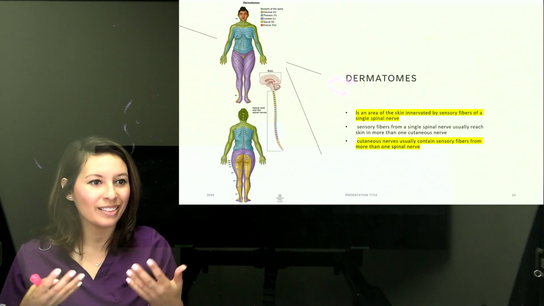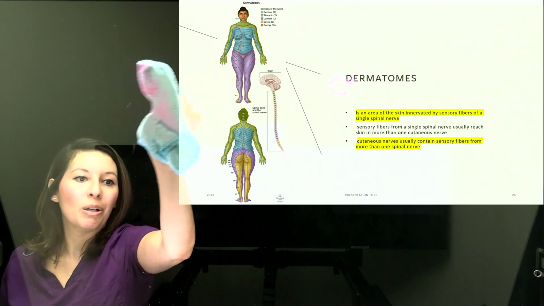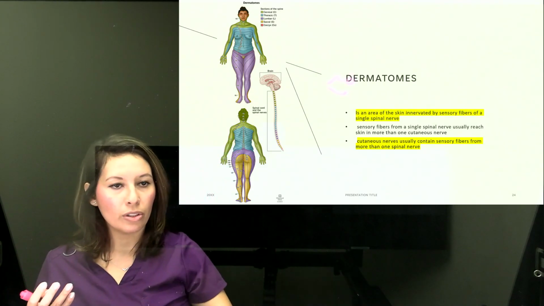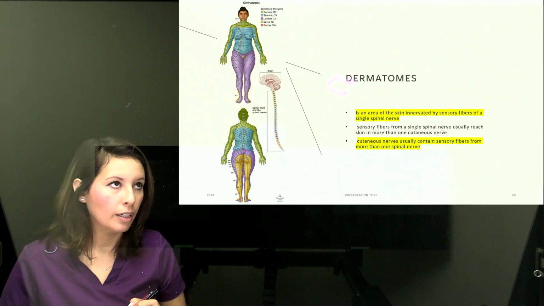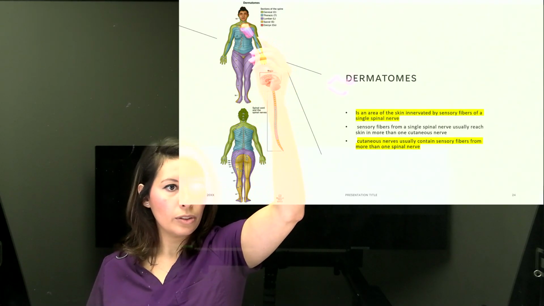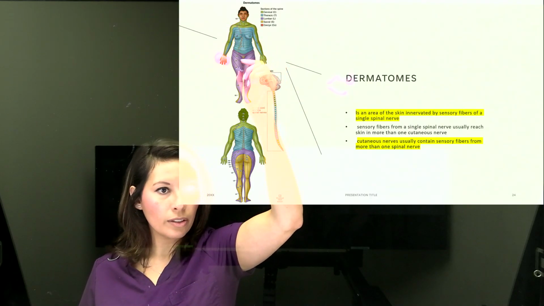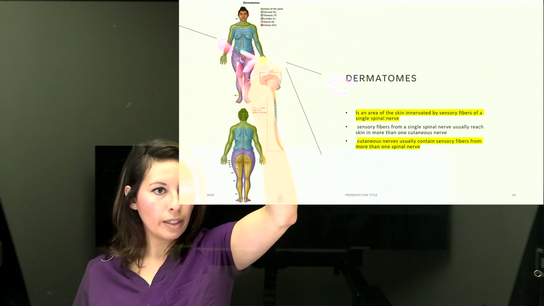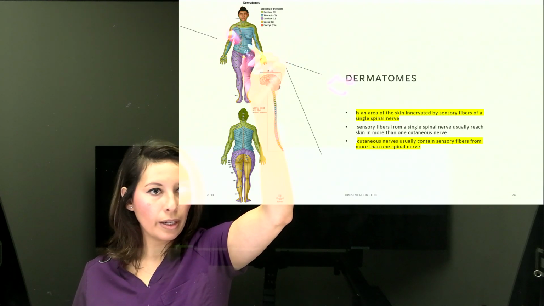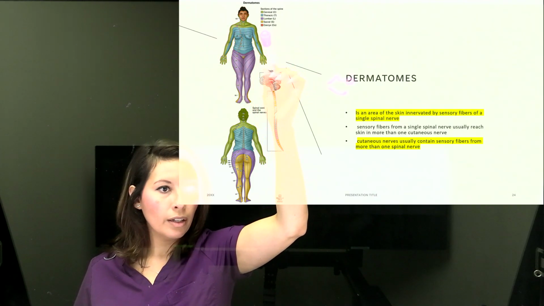Derma means skin, right? If you look over here on this picture, it's color-coded. You can see that green is going to be innervating the sensation of this part right here on the cervical area and parts of the upper extremity, right?